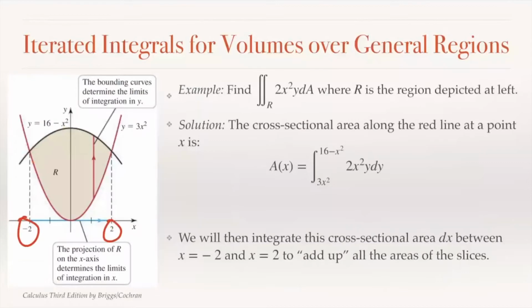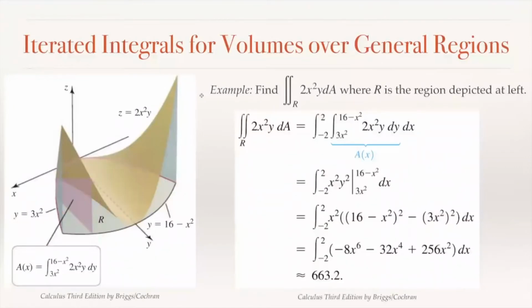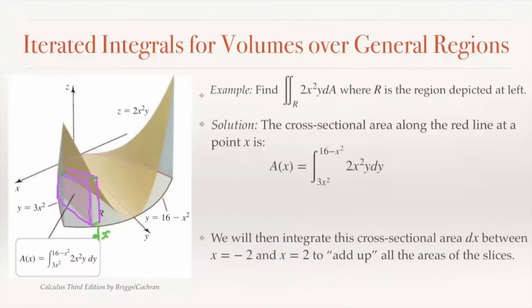And in this case, that would be between x equals -2 up to x equals 2. So our integral ends up looking like this. The inner integral is this area, and then we add together all of those areas times dx between x equals -2 up to x equals 2.